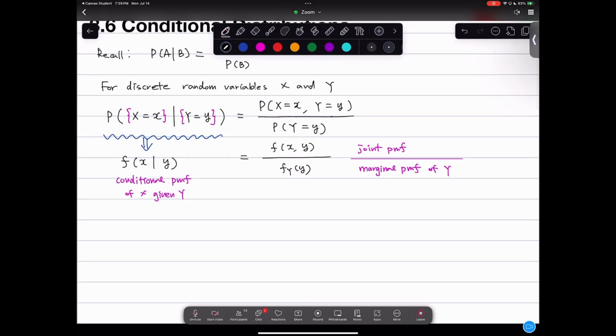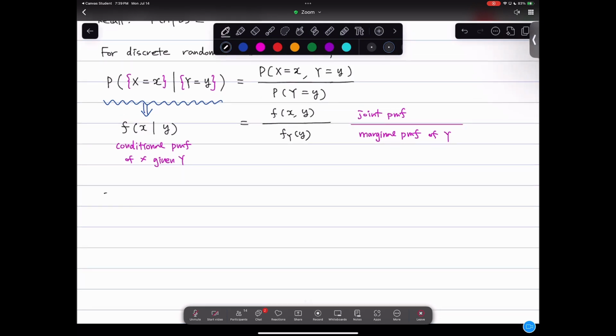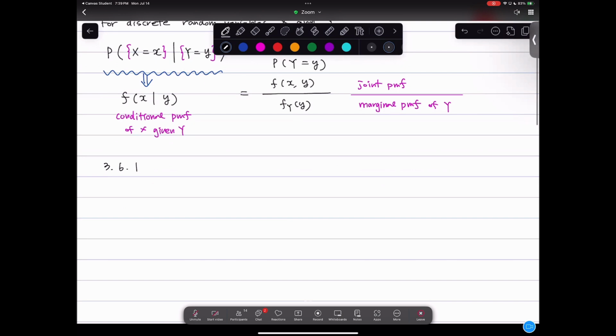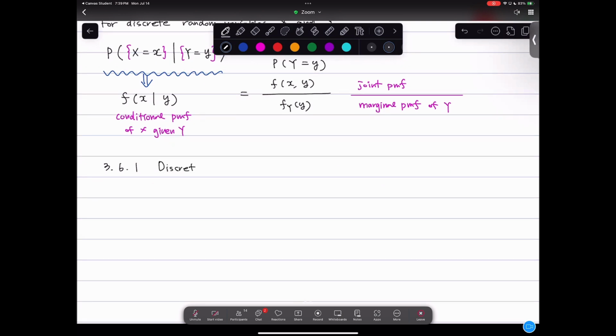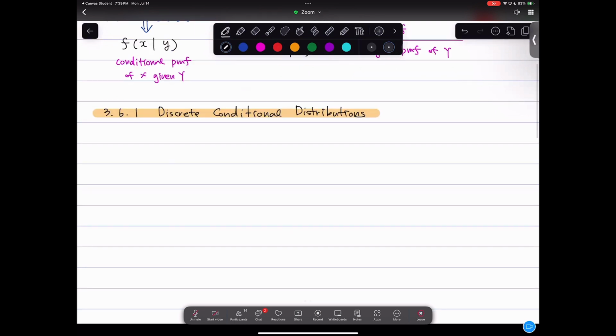So let's write the definition. This is exactly what we did. Start with the definition 3.6.1 of discrete conditional distributions. All right, start from there. I have my discrete case first of all, which is easier.